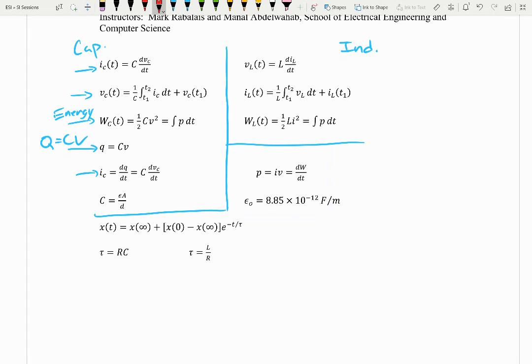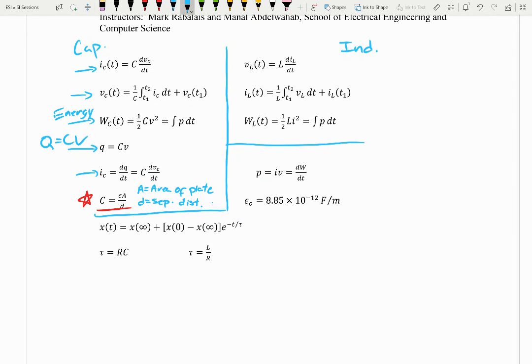Would like you to keep an eye on this one right here. This is a capacitance equation. So this is how we determine the capacitance of a capacitor. Where this A is the area, and that's area of plates, and D is the separation distance.